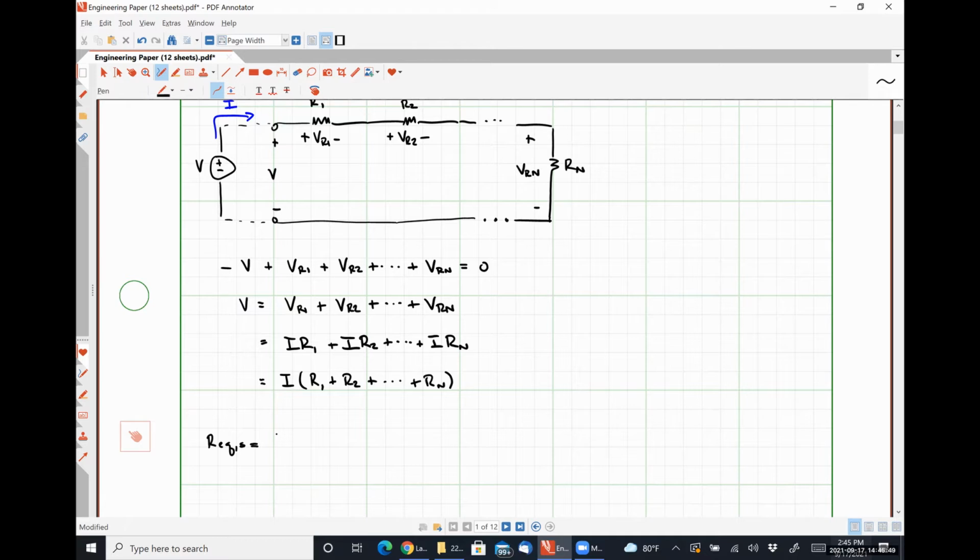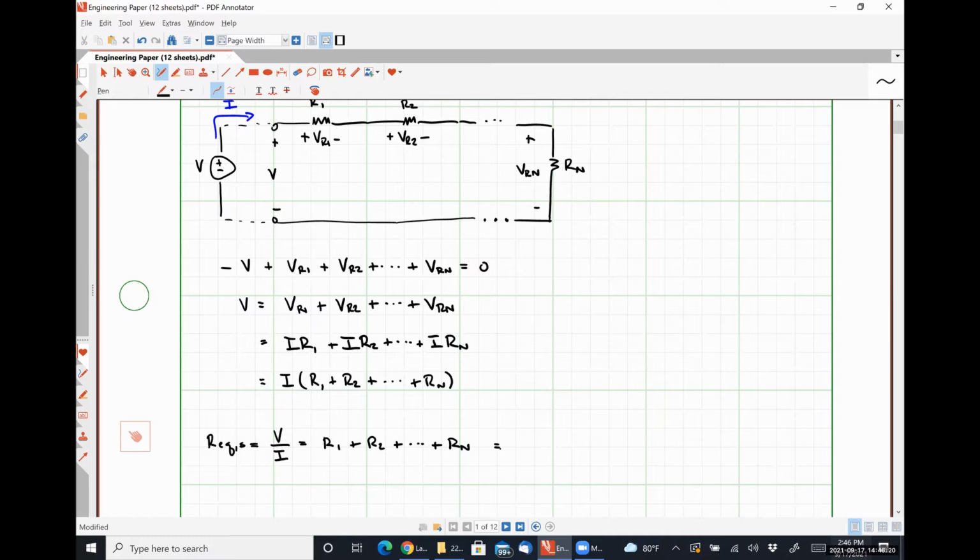It is simply the ratio of that voltage V divided by the current I, which we know to be how we find the equivalent resistance of a material. That's what our Ohm's law experiment and measuring voltages and currents was all about. It is equal to just R1 plus R2 plus R sub n.